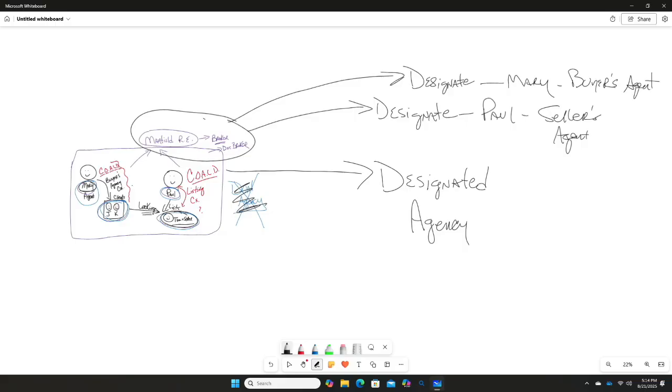And so the broker will be classified generally in this case as a dual agent.